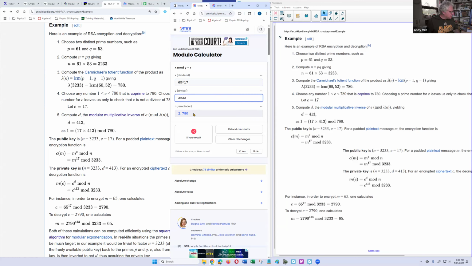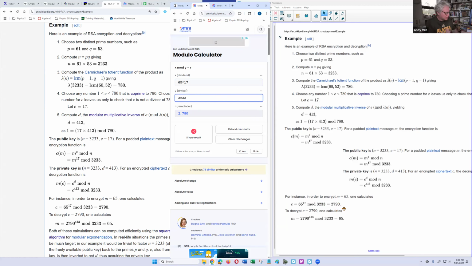And sure enough, the remainder when that is done is 2,790. And try to do that on paper, right? So that's what we have computers for. So there's the 2,790.